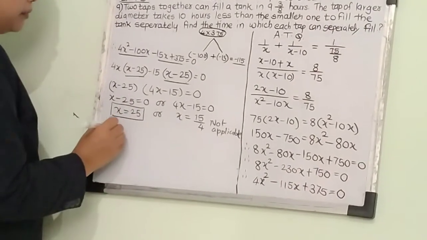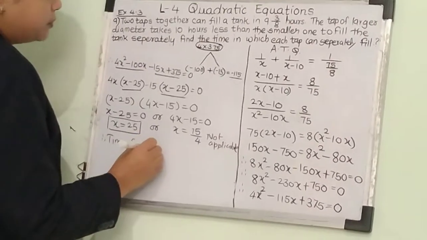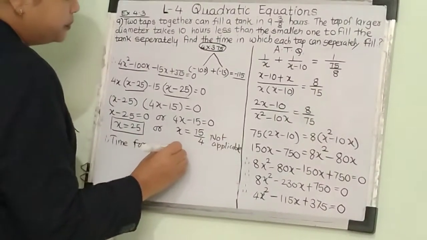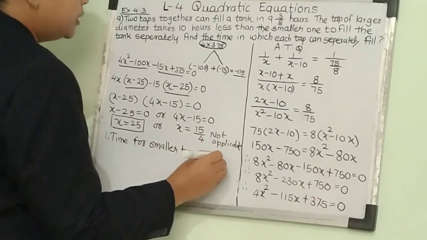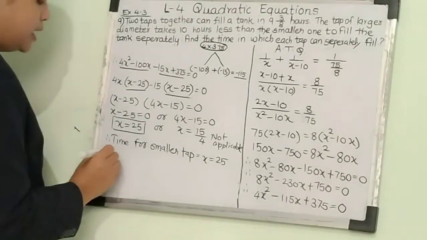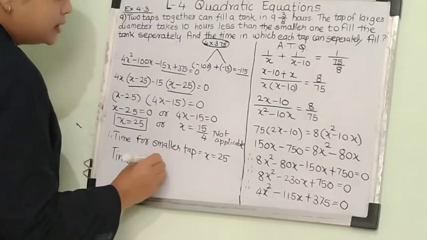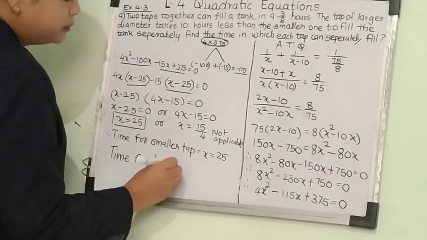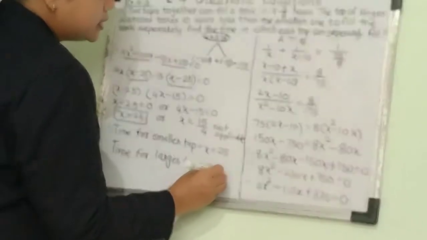So the time for the smaller tap, that is x, we can say is 25, and the time for the larger tap is x minus 10.